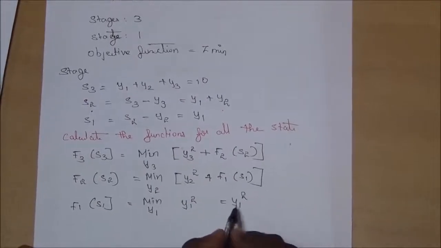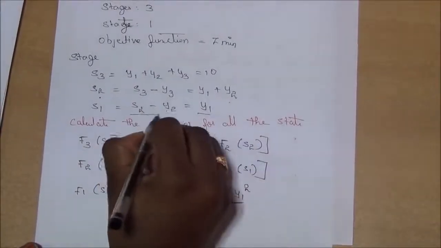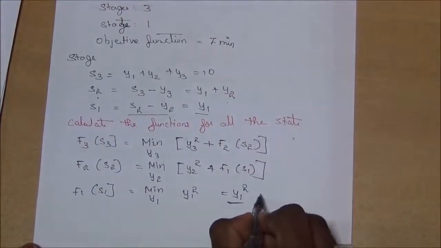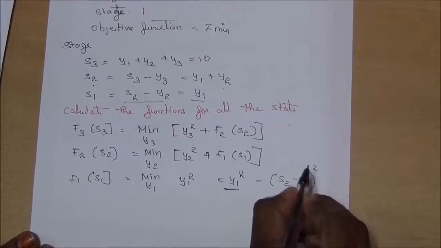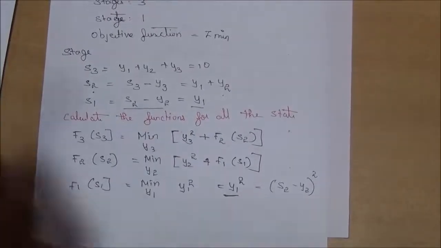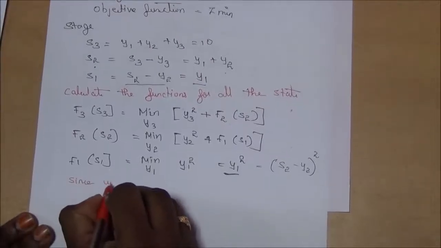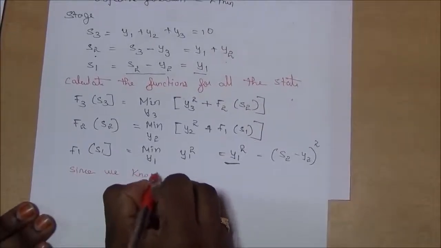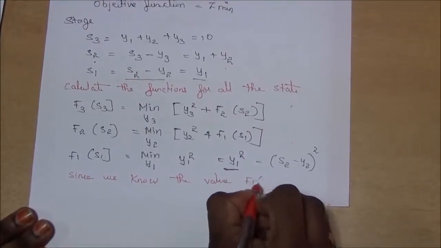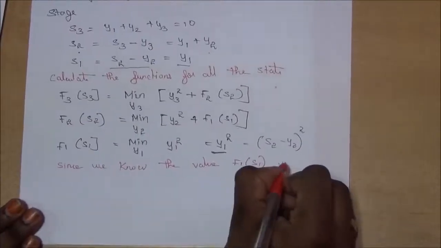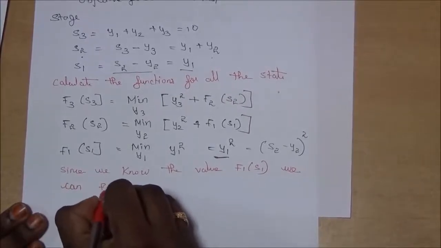So indirectly we can write it as y1 square. We already solved for y1: y1 is equal to s2 minus y2. So it is s2 minus y2 the whole square. Since we know the value of f1, we can substitute it in f2.